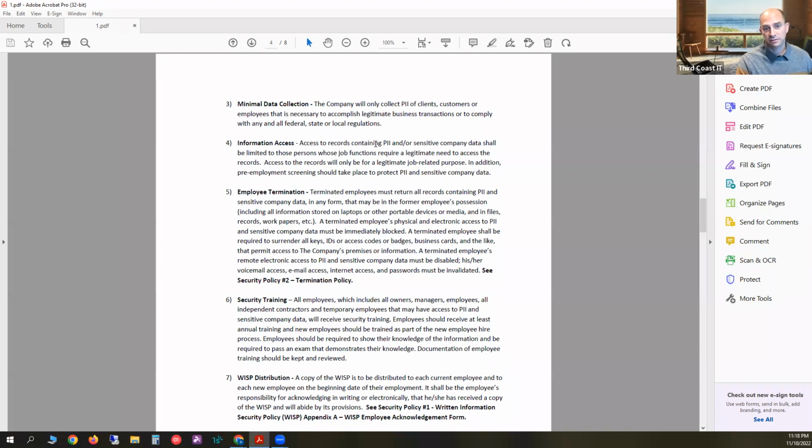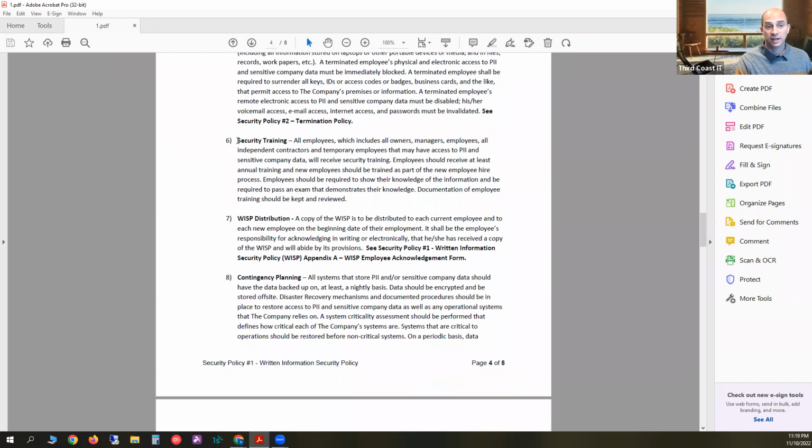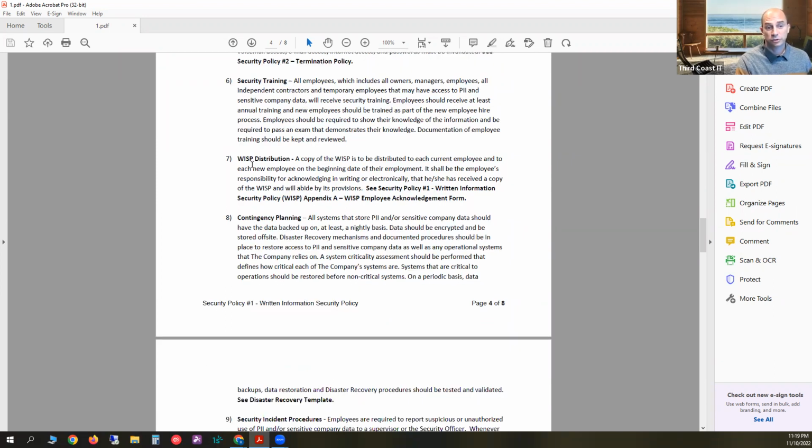Information access, understanding who actually has access to the information, making sure that we're doing proper offboardings when staff members leave, having regular security awareness training, making sure that everybody gets a copy of what we're talking about here, and we're going to do our best to help everyone understand what these policies are asking of us.